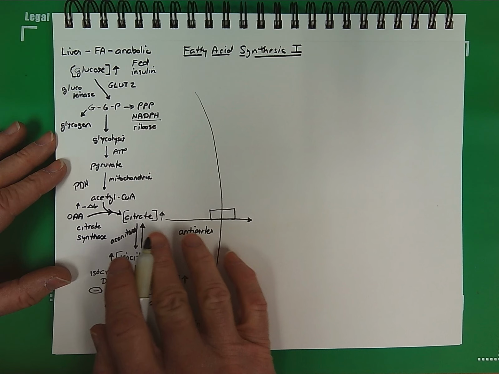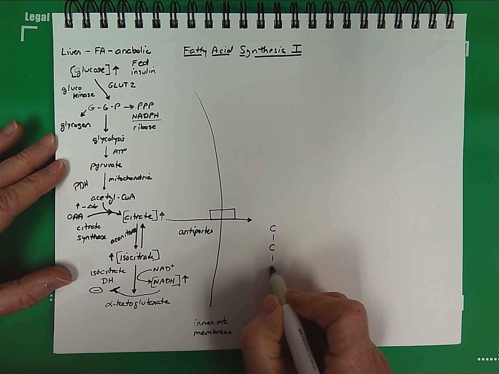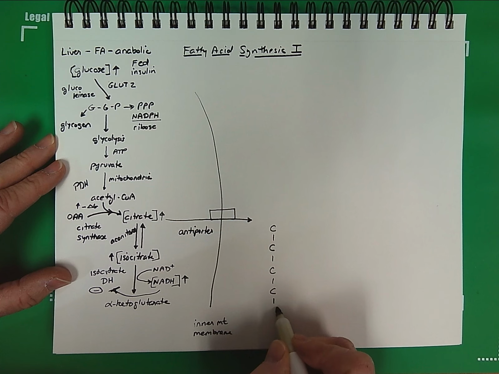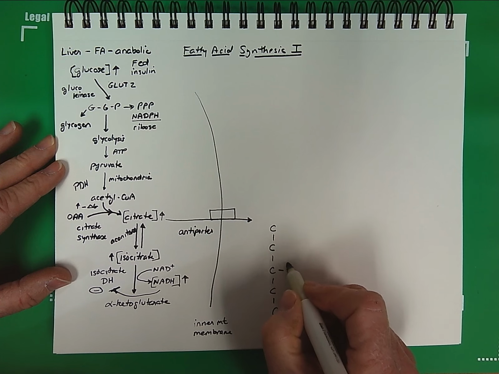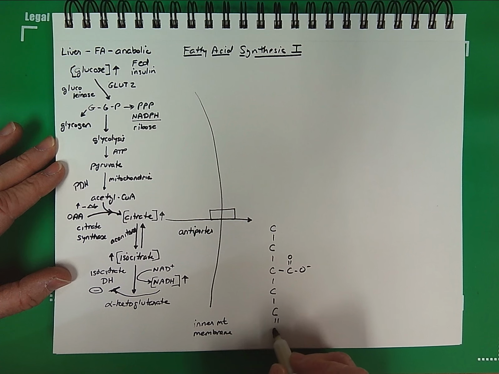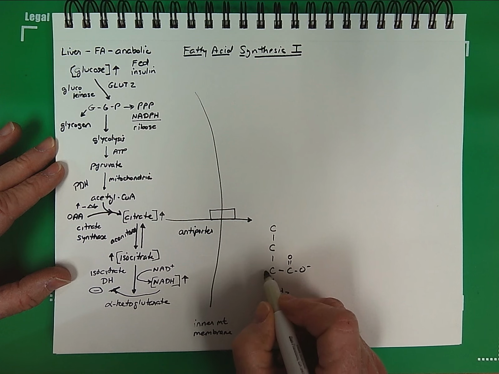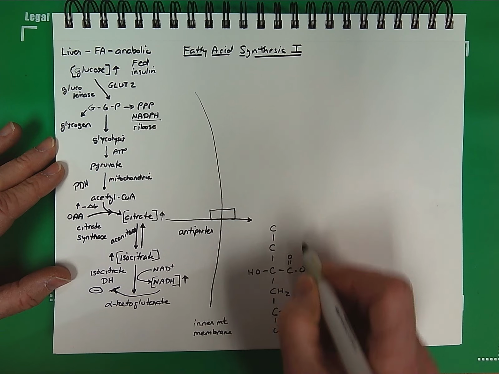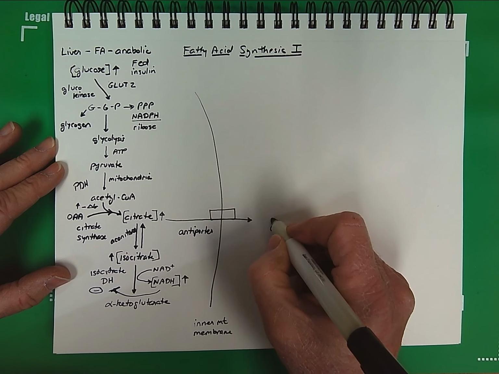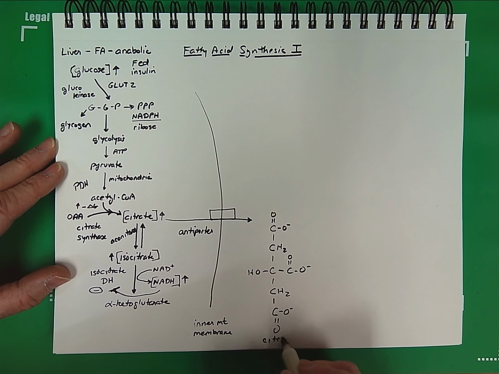Now, once we have the citrate transported out into the cytoplasm, let me draw the structure of citrate. So here is citrate.